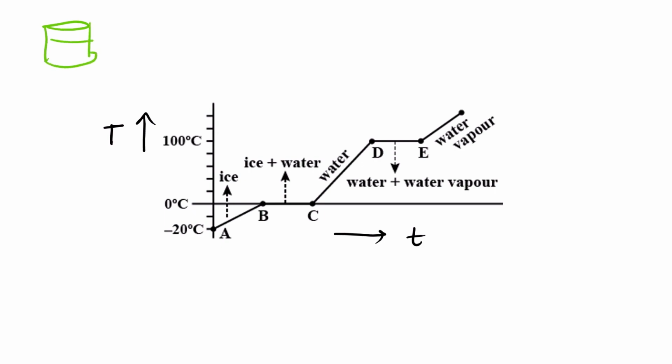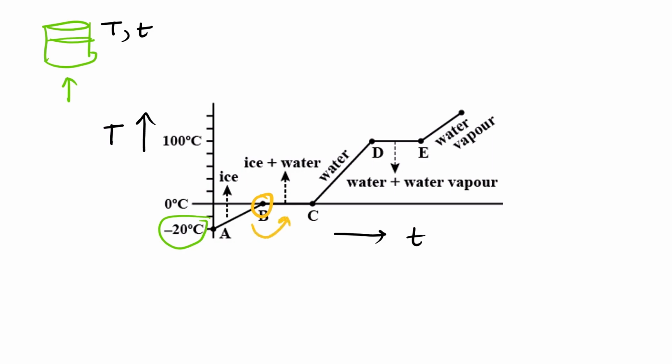Basically you can think of it as ice initially, and we are providing some heat, and we are trying to measure the temperature with respect to time. At first the ice is at minus 20 degrees Celsius, then as we are heating it up, the temperature will rise, and at 0 degrees Celsius ice will form water.